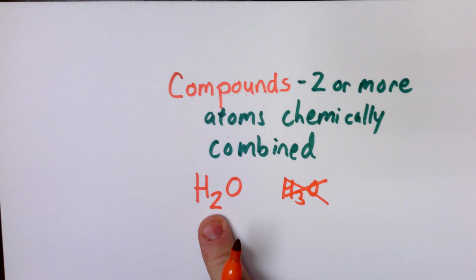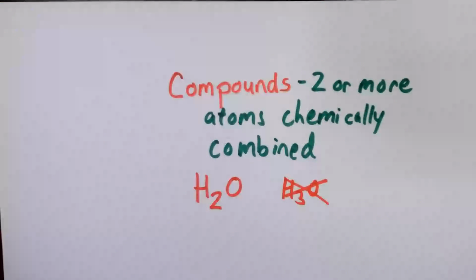This is an example of a compound. It's two or more atoms that are chemically combined. There's some more specifics that we're going to note with this, talking about how compounds always have the same ratios, are always put together the same way, and so forth. But for now, let's start off very basic: a compound is two or more atoms that chemically come together. They stick to one another.